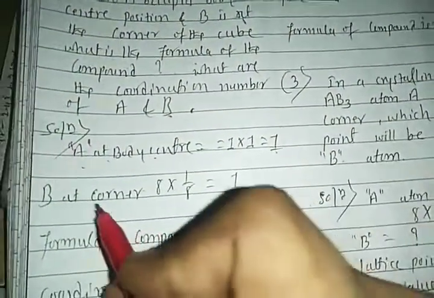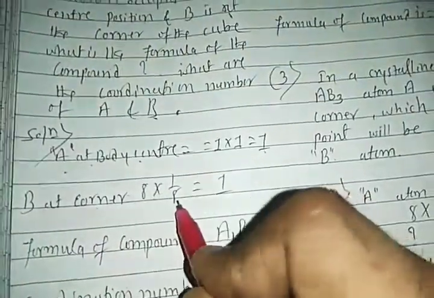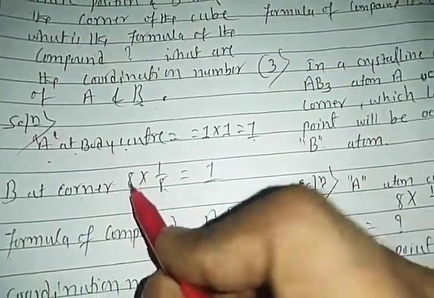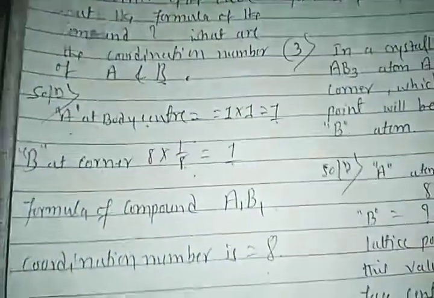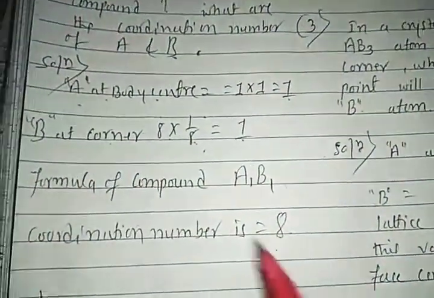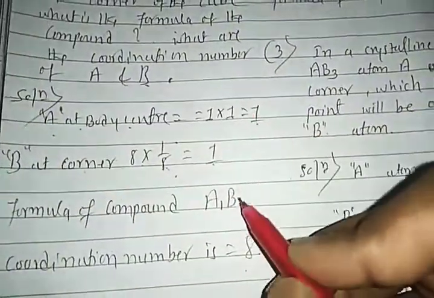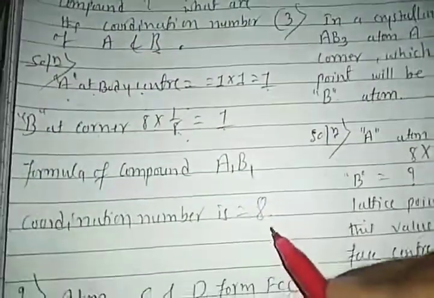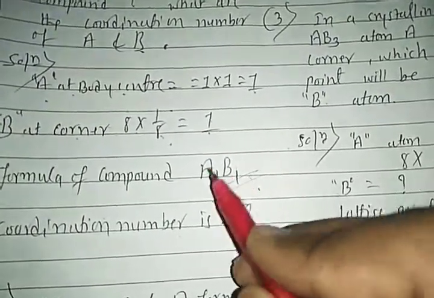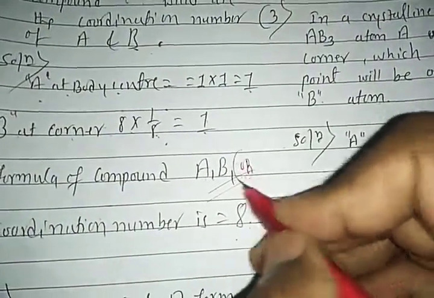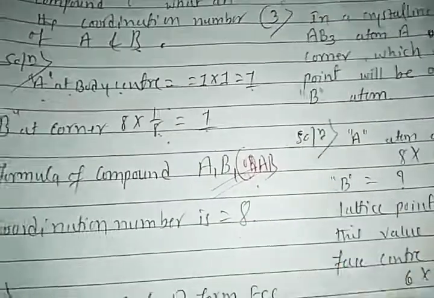B atoms at the corner: 8 atoms each contributing 1 by 8 part, that is 1. The formula of the compound has A as 1 atom, B as 1 atom. So the formula of the compound is A1B1, or AB. Right, students?